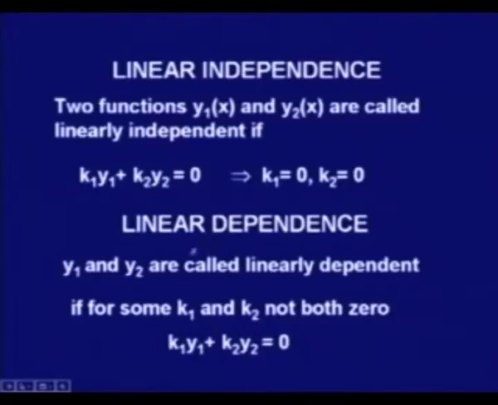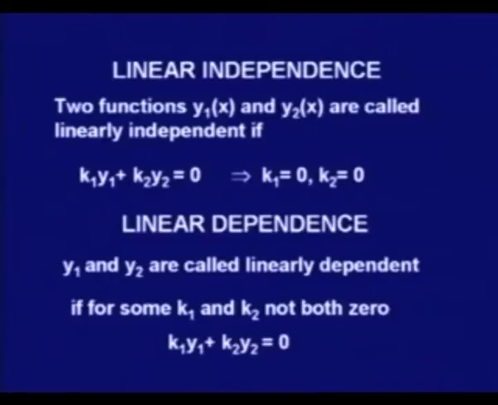But if I take e to the power x and e to the power minus x, I will not be able to find any constants other than 0 that make this 0. So, we have the definitions of linear independence and linear dependence.